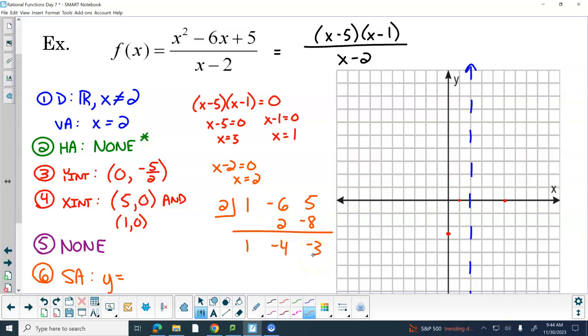Drop the remainder. Leaves me with y equals 1x minus 4. So that gives me a y-intercept of negative 4, x-intercept of 4, with a slope of 1.